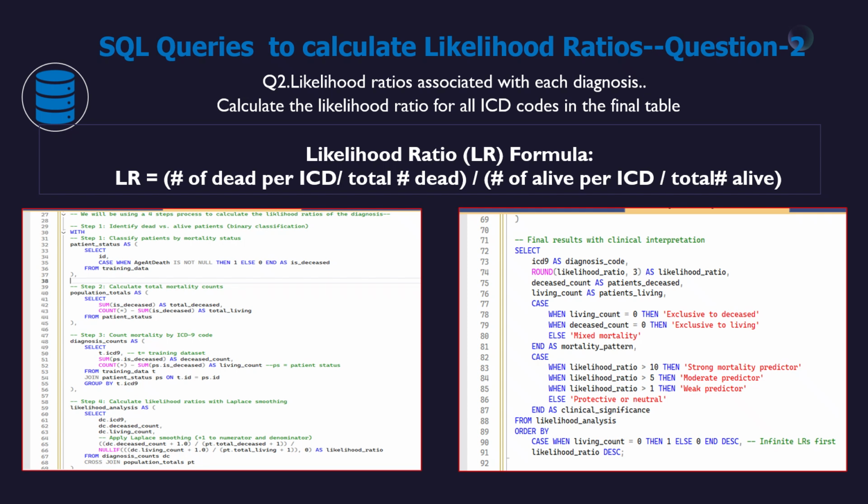And the final step is using the case function, and then you can just follow it and try to predict the likelihood ratio based on how strong the mortality predictor is, whether it's a strong, moderate, or weak predictor, based on the number above 1.